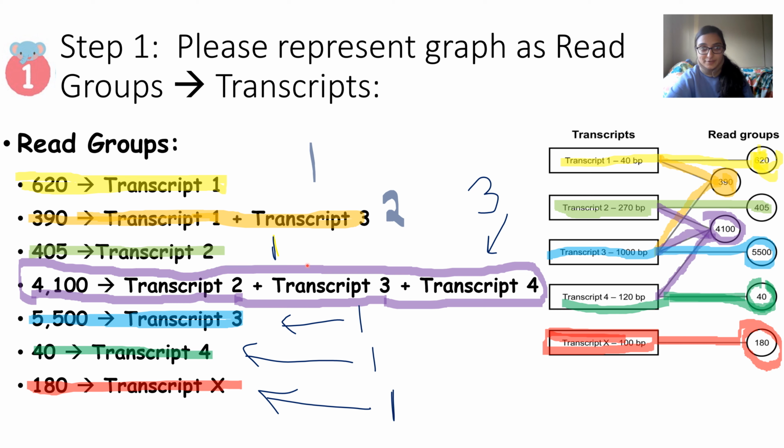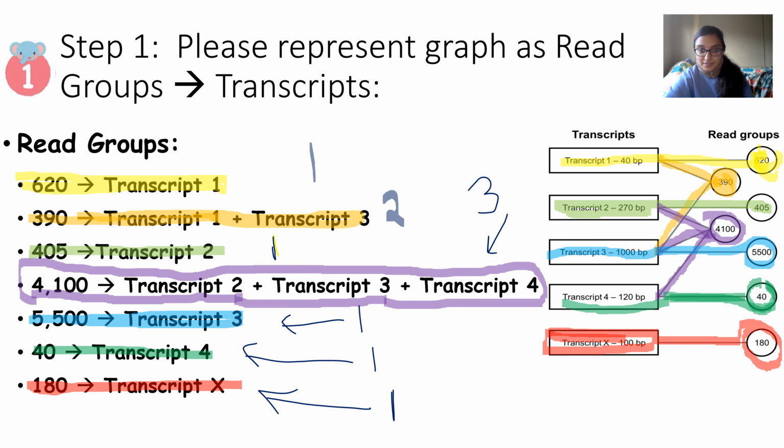That's why I put a 1 over here. 4100 is coming from 3 transcripts, 2, 3, and 4, so that's why it looks like this. 5500 is only coming from transcript 3, so this is a 1, and all these 3 remaining ones are only coming from 1 transcript group. That's why these counts are 1.